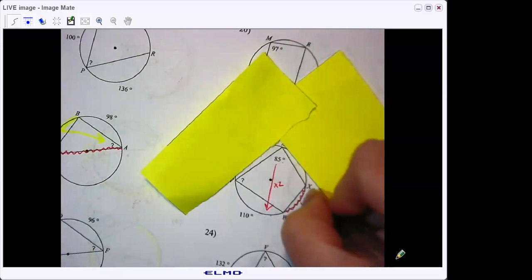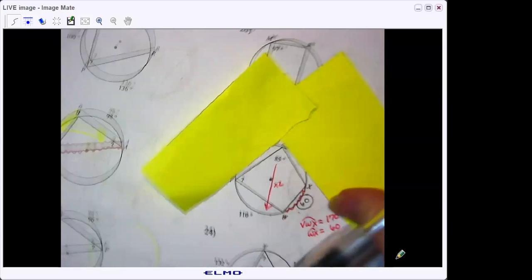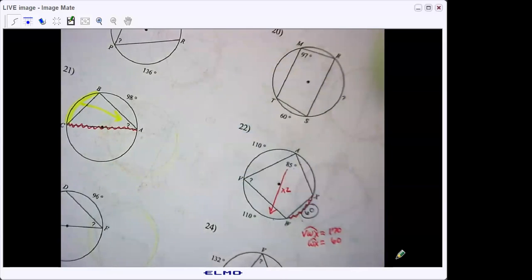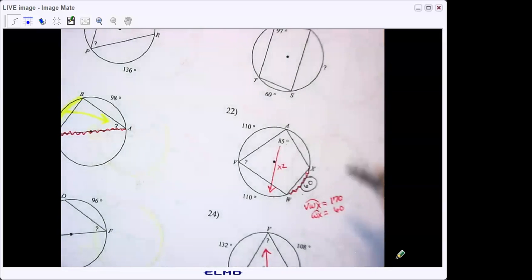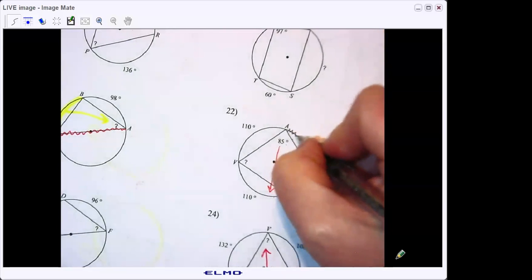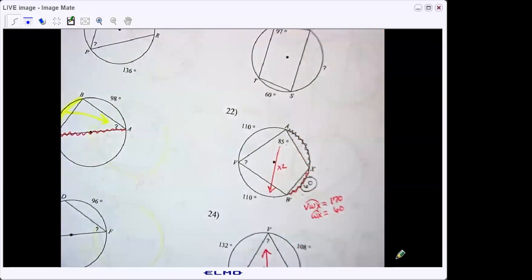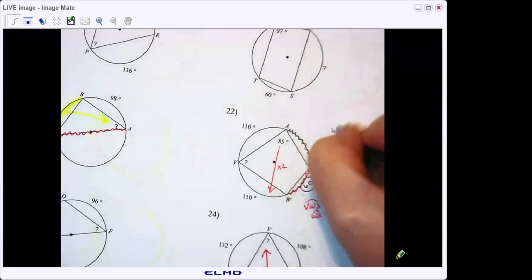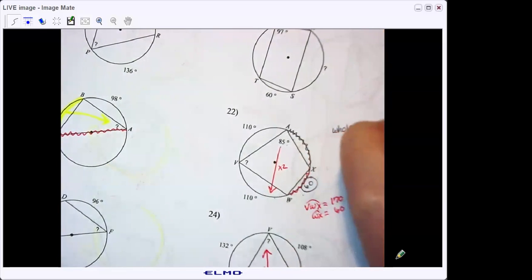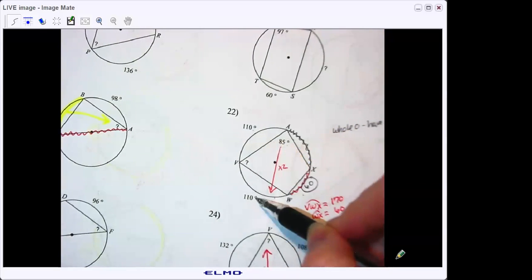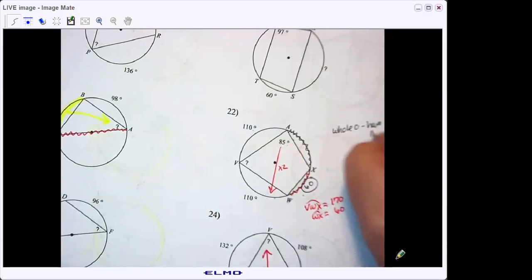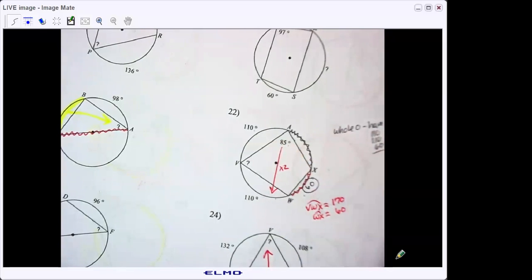So now here, this arc is 60, but that's not what we were trying to find. A lot of times we have to find what we're not asked to find in order to find what we are. So now I need to find this arc. I need to take my whole circle and subtract off what I have. I've got 110, 110, and 60.